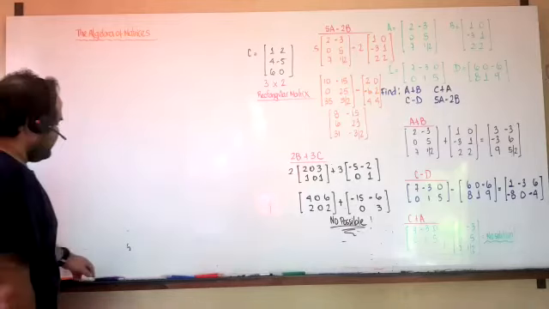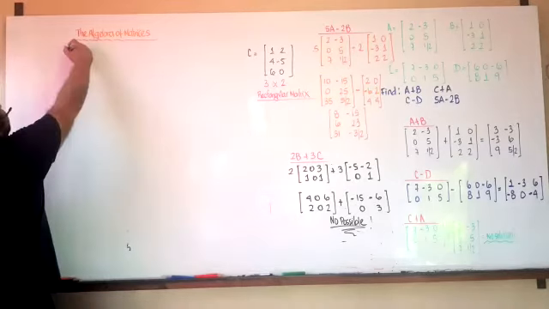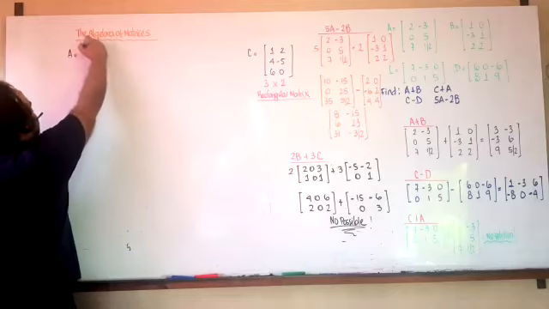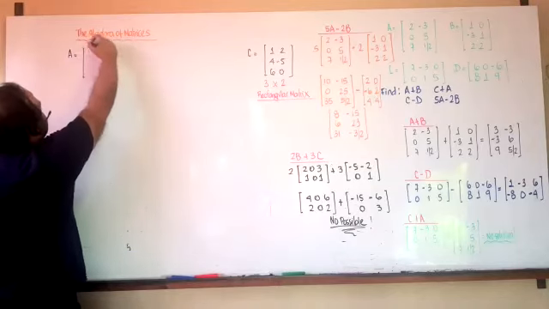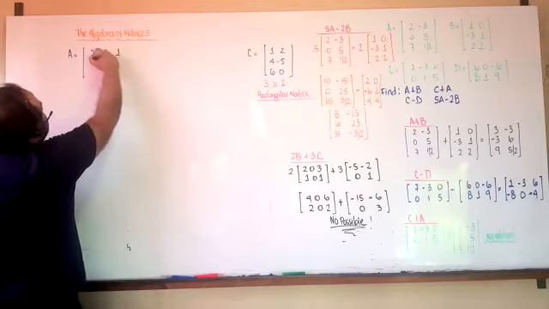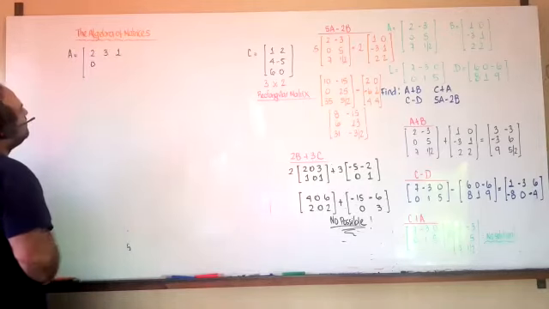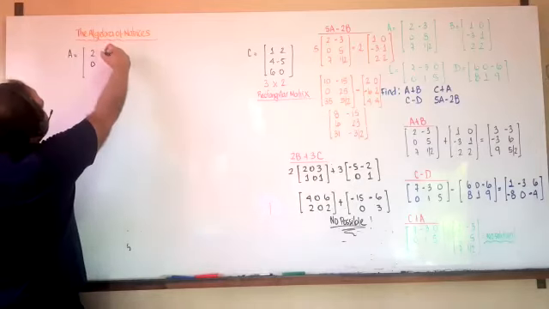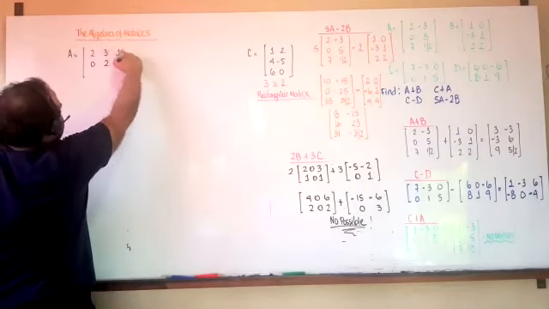Let me give you an example. We have a matrix A given by the numbers 2, 3, 1, 0, 0, 2, 1.